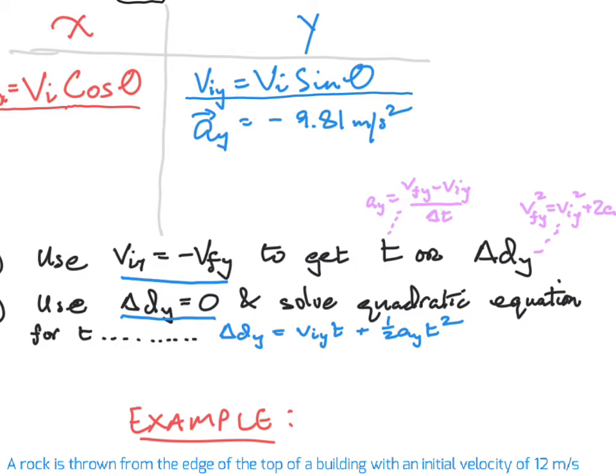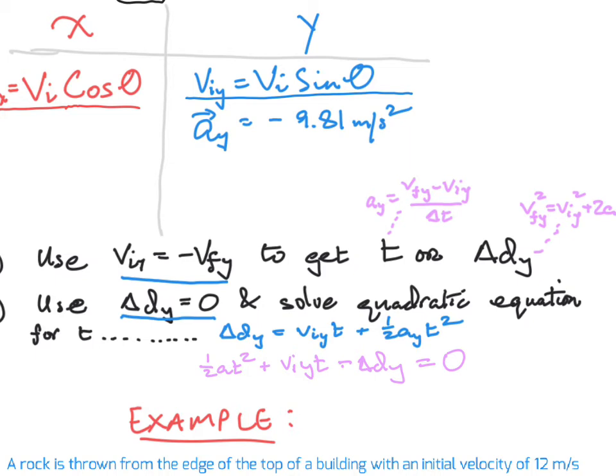So if we look at the equation before us here, and we know that delta dy is equal to 0, we can do some manipulation and rewrite that as a half a t squared plus VIY t is equal to delta dy, which is 0.